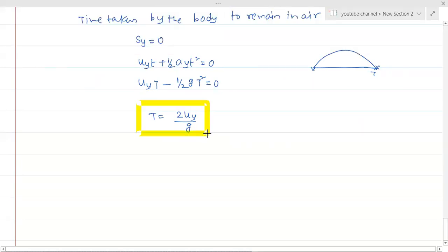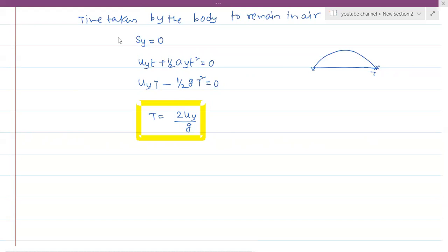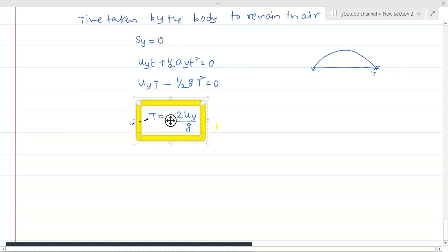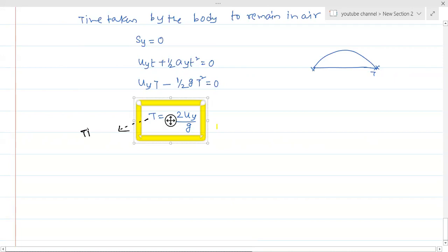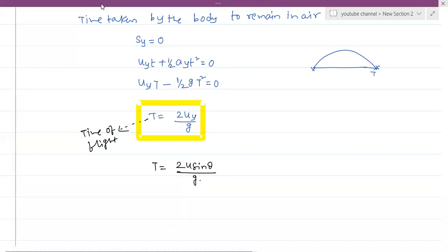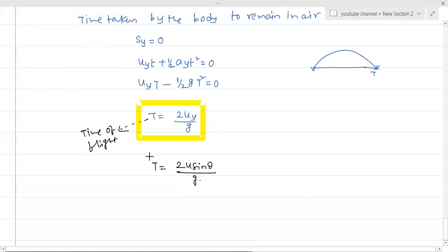So the time of flight equals 2uy by g, or time of flight equivalent to 2u sin theta by g. This is also one of the important relations for the time of flight.